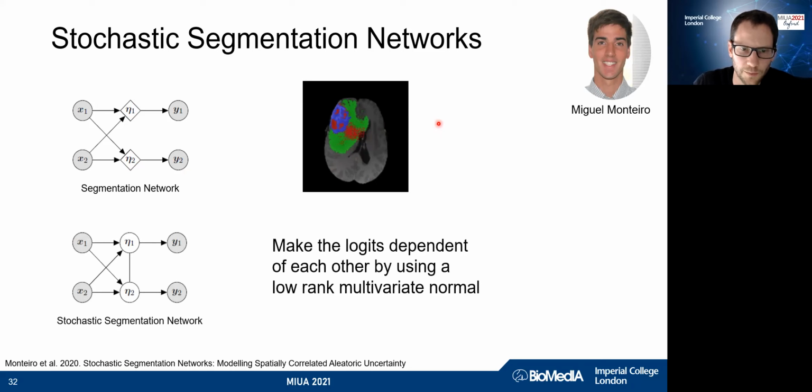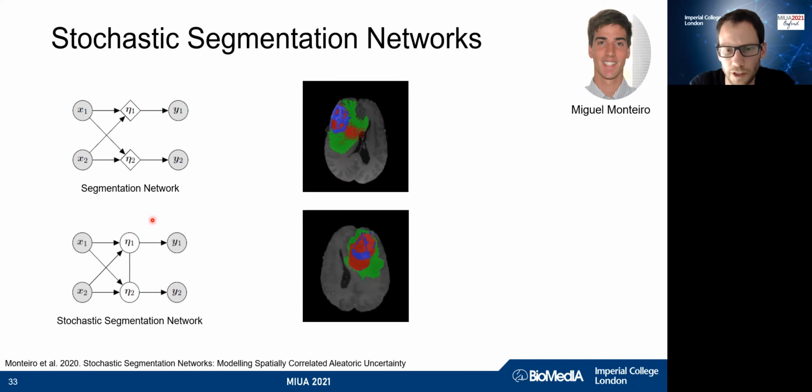So in stochastic segmentation networks, the idea is to basically make these logits dependent on each other. And we do this by using a low-rank multivariate normal distribution to model the interactions between logits. And that can be put as a layer, as an add-on layer on any segmentation network. You can put it on a UNet, on a DeepMedic, on whatever is your favorite architecture.